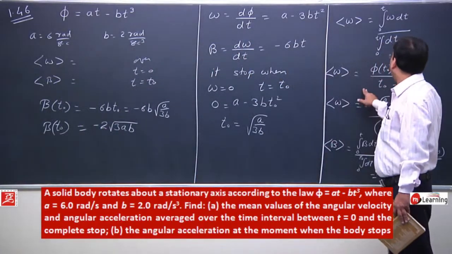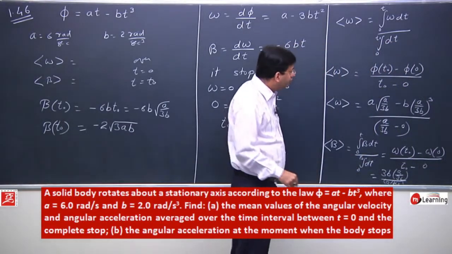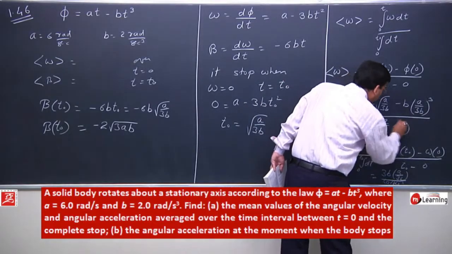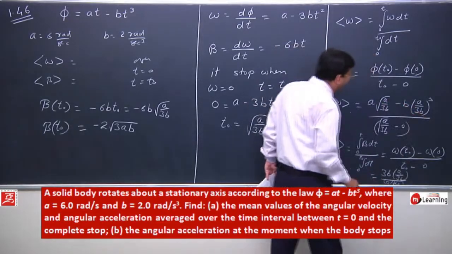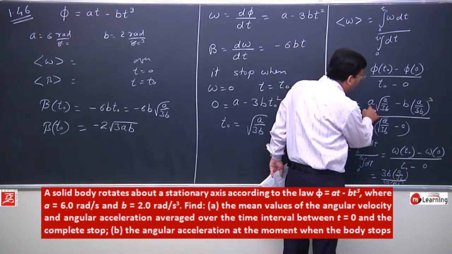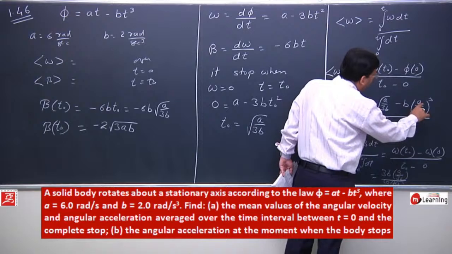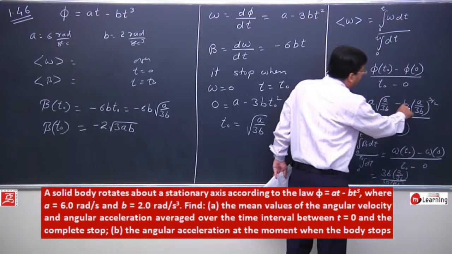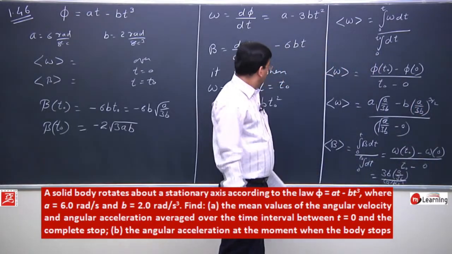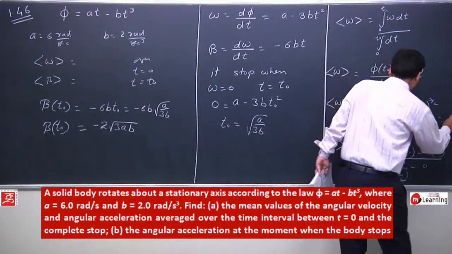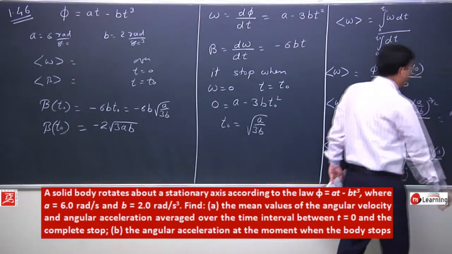And calculate the average of angular velocity. I think you will get it equal to this, the under root term would get cancelled, and a minus this 3 by 2 b, this would be a minus b into a by 3b.